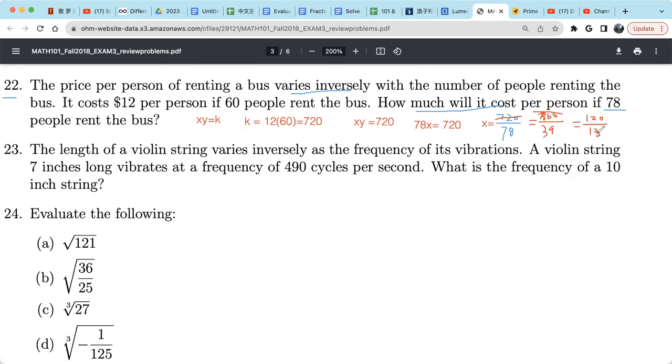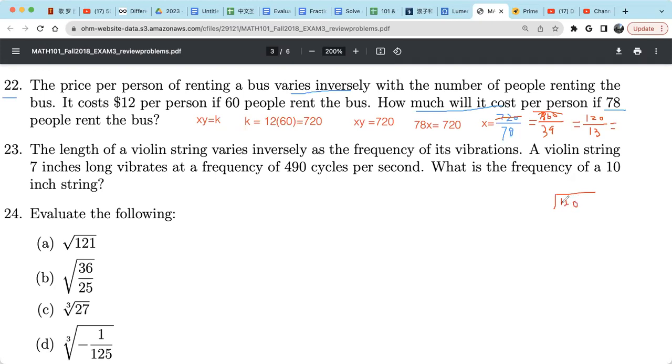Now it cannot be simplified anymore. So we have to round it out. We can get decimals to get this into dollars and cents. All right, so how do we do that? I would do this. Looks like long division.